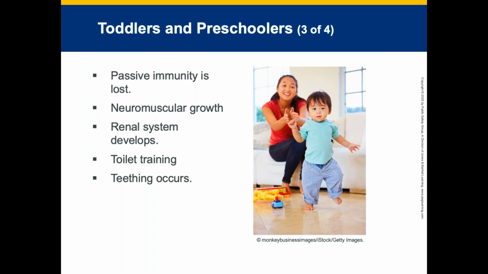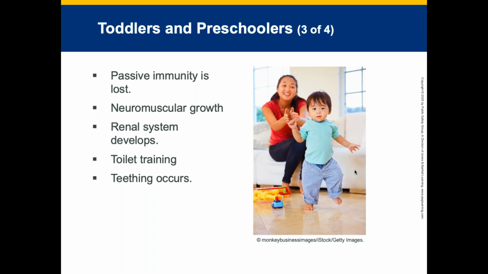The nervous system starts kicking in. By the end of this stage, preschoolers will have a brain that weighs 90% of its final adult weight. Playing places stress on the muscles and bones, which increases muscle mass and bone density, which is good, right? They're outside, they're playing, they're active. There's continued development of the renal system, and elimination patterns start happening, so they start eliminating more waste.